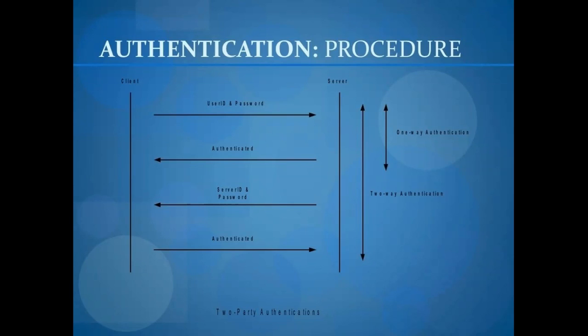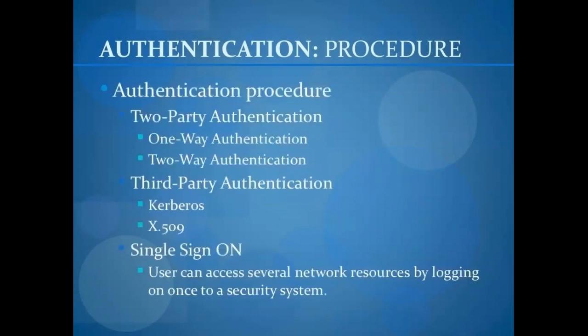In this matter, server side IDs are there and the password is there on the server. So you know that authentication plays a very important role, whether it is client side authentication or server side authentication. In this manner, we have to understand what one-way authentication is. Everybody should understand what one-way authentication is.